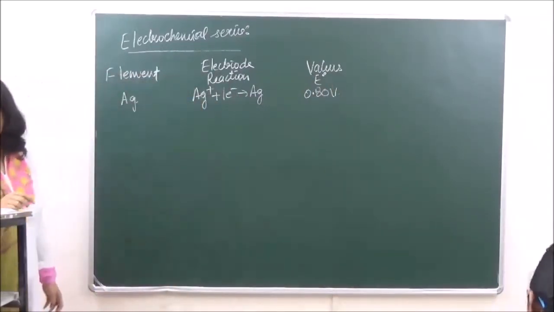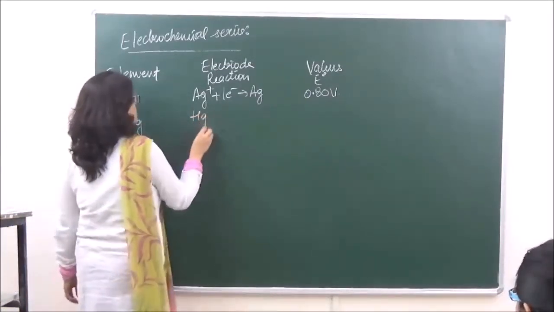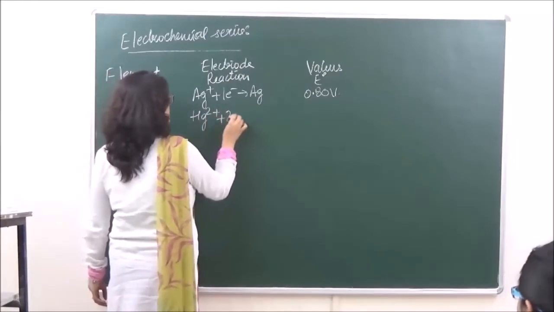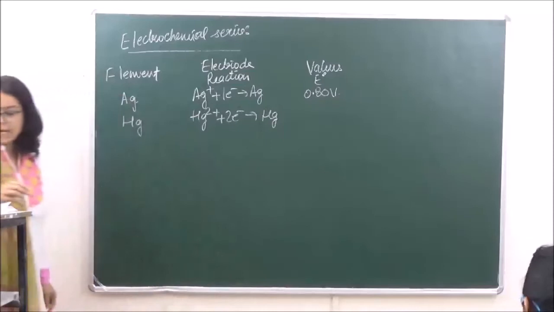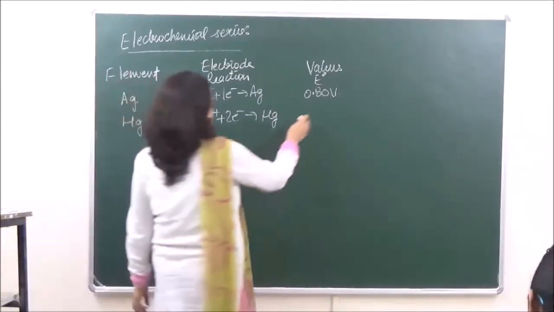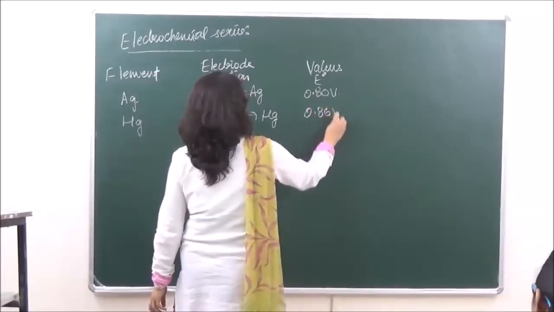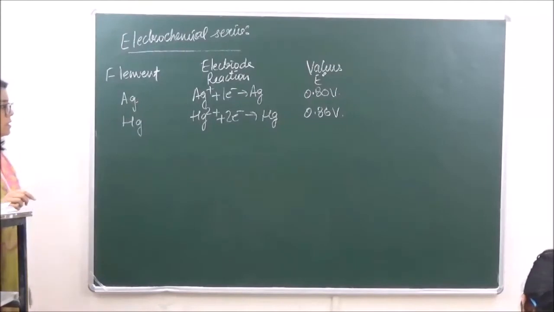After Ag is Hg, to give us Hg, and the value is 0.86. So you can see that the values of the reduction potentials have now started increasing.